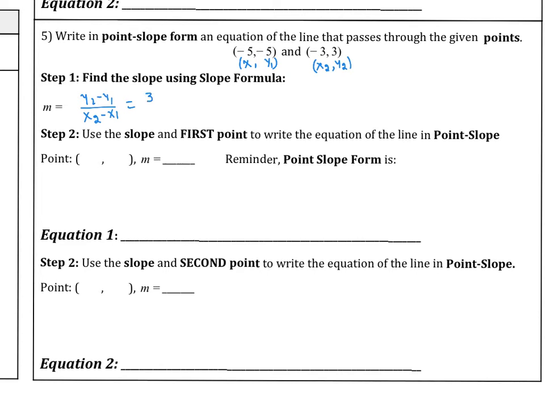That is 3 minus -5 divided by -3 minus -5. So on the top you get 3 plus 5, and on the bottom -3 plus 5. That is 8 divided by 2, and it's going to be 4.